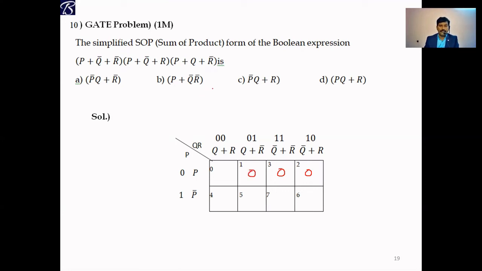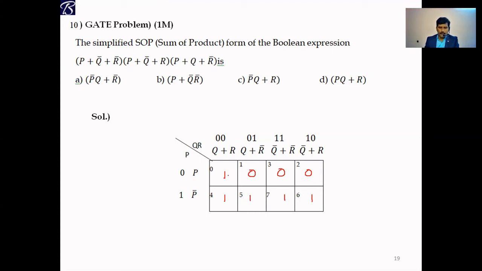Now we need to find the SOP form. The remaining cells are ones.